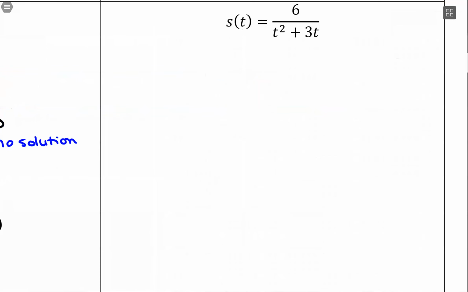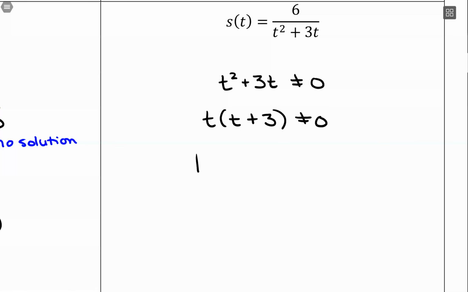Okay, with this last one, we're saying t squared plus 3t cannot equal 0. I can factor out t from the left-hand side, so we end up with t times t plus 3 cannot equal 0. So t cannot equal 0, and t plus 3 cannot equal 0, which means t cannot equal negative 3.